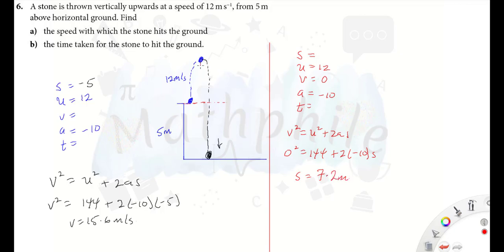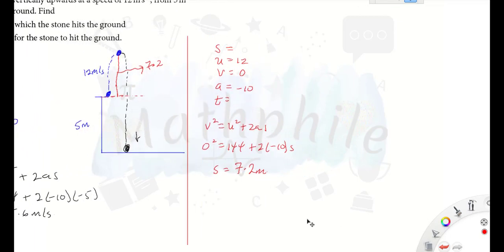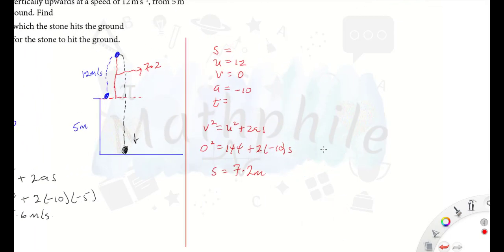Plus, the distance that it has travelled from this side to this side is 7.2. For the next part of the question, I'm going to treat this one as a scenario 3 type of question, where my final velocity of case 1 becomes the initial velocity of case 2. So let me change the ink for this one. Suvat again.